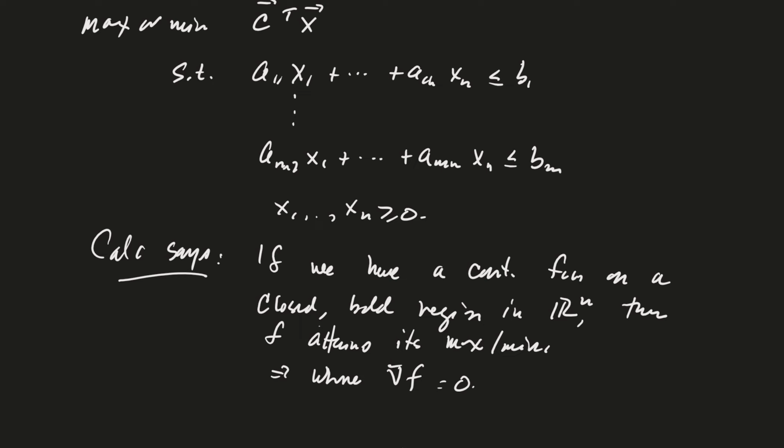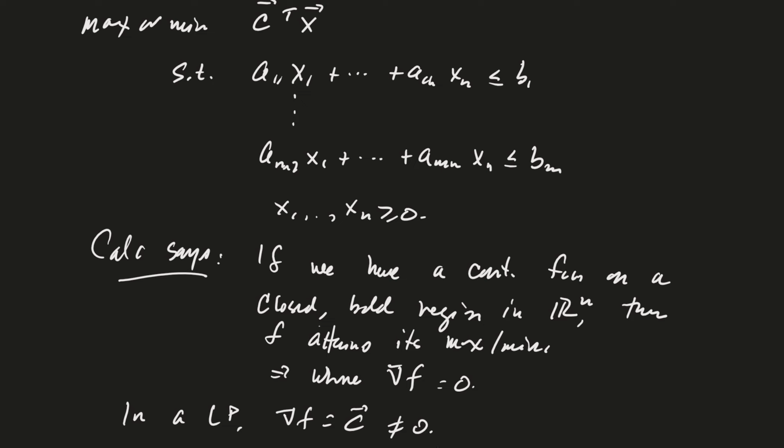Okay, so in a linear program, the gradient of f is just going to be c, which is not equal to 0. Sorry, my echo went off there for a second. So in an LP, the gradient is c, and that's not the zero vector.